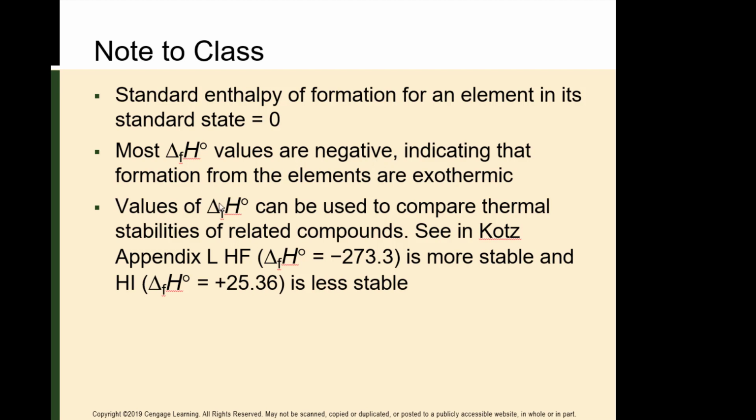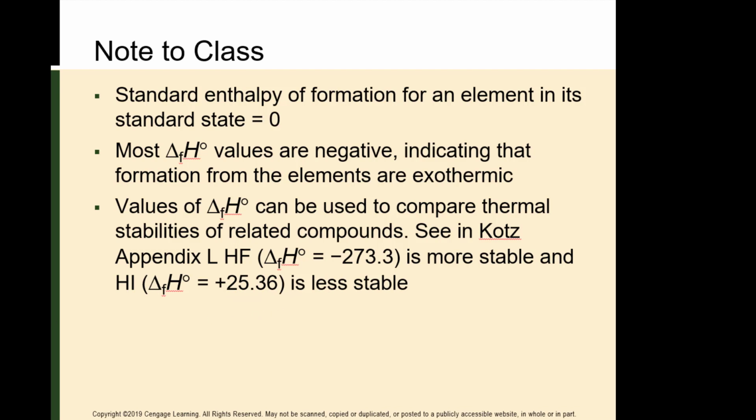And the values of these heats of formation can be used to compare thermal stabilities of related compounds and see which is more stable. Obviously, the exothermic, the negative 273, is more stable than HI, hydroiodic acid, which is positive 25, so that's less stable.